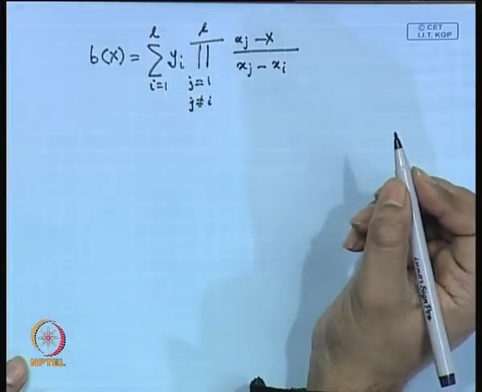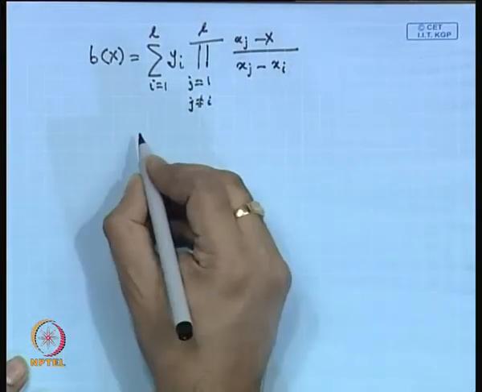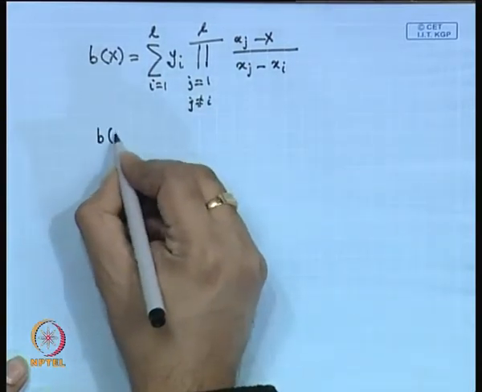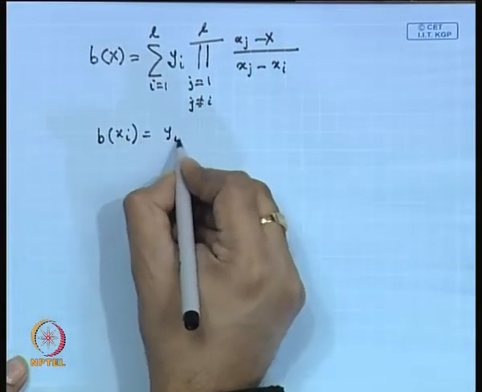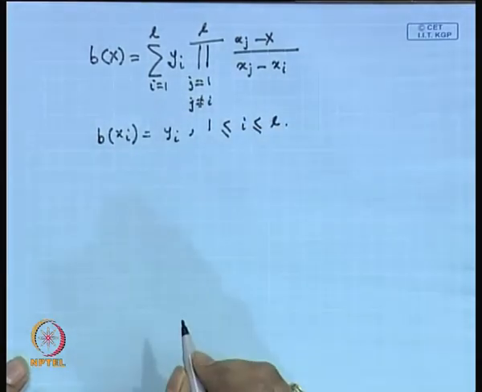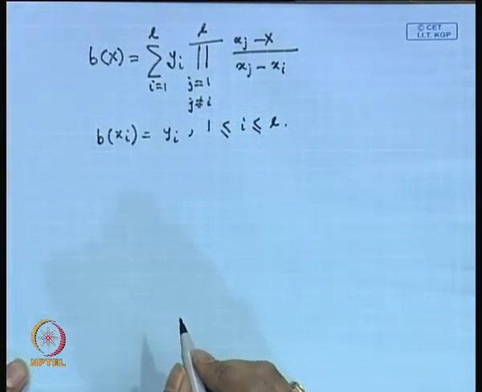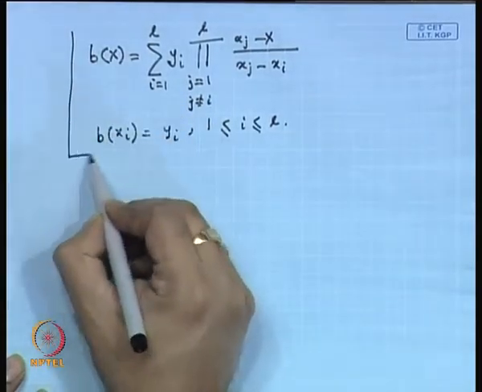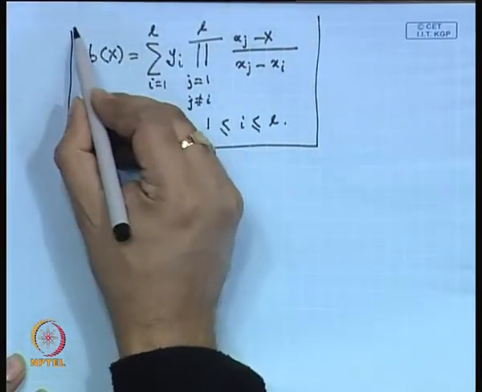Okay. So, this polynomial will satisfy b of x_i equal to y_i for all such i's from 1 to L. This is what the Lagrange's interpolation formula says.